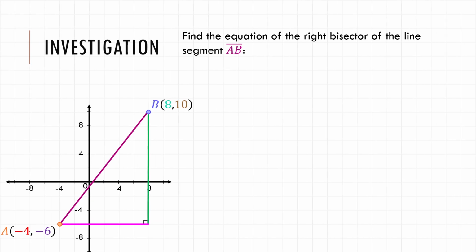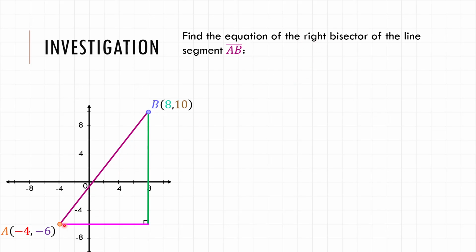We'll use that idea about negative reciprocals being a perpendicular slope to see if we can find something called the right bisector. A right bisector is a line that bisects something. So we're looking for the right bisector of this line segment. This line should cut this line segment exactly in half.